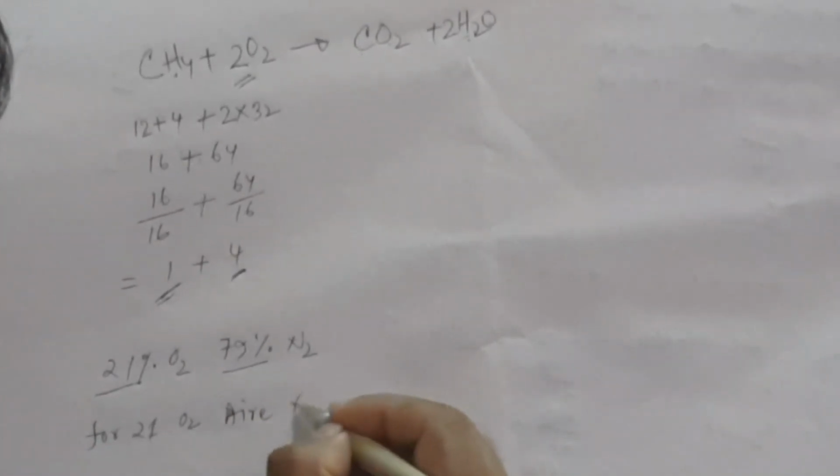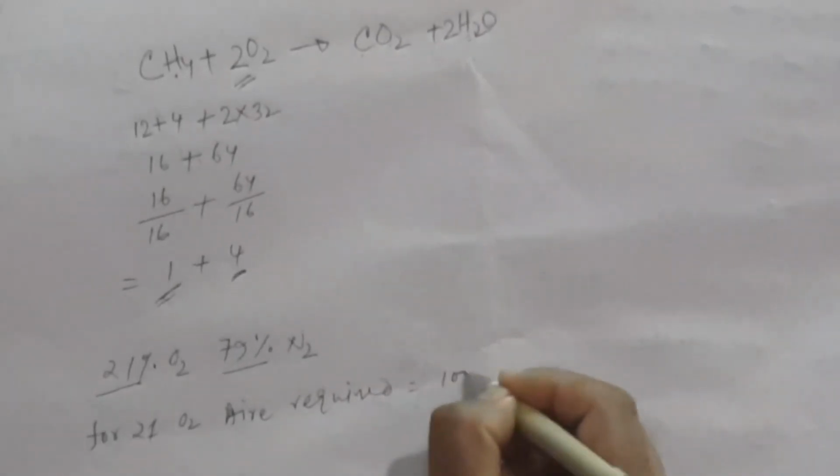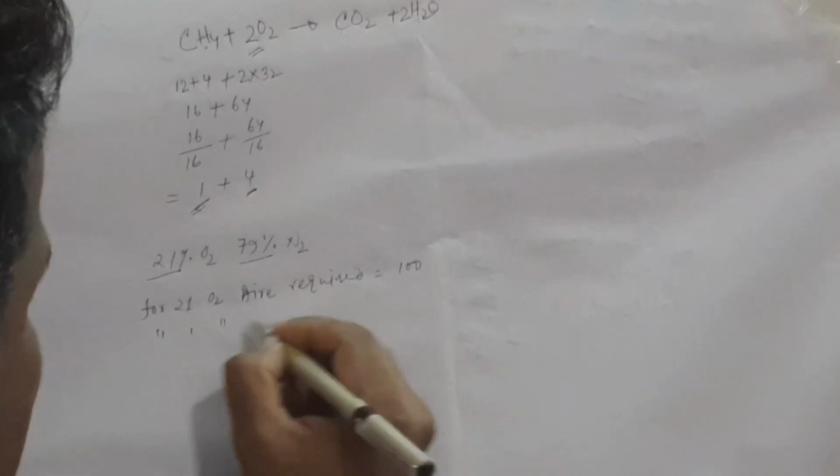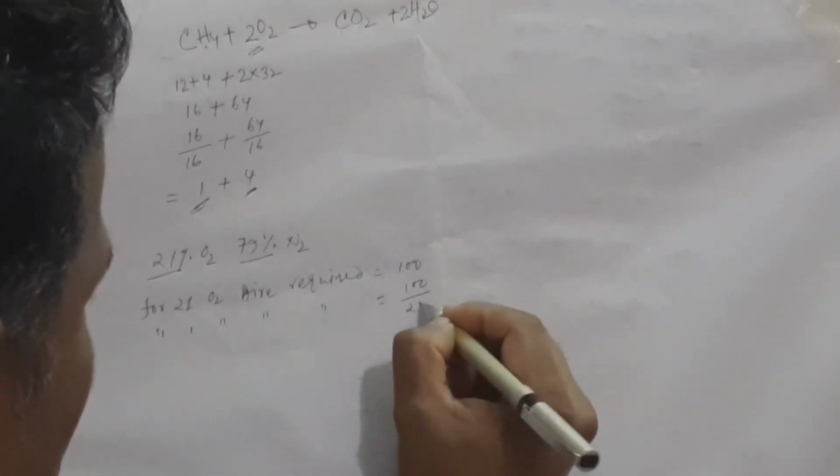So with 4 mole oxygen, how much air is required? If I calculate for 21% oxygen, air required is 100%. For 1% oxygen, air required is 100 divided by 21.